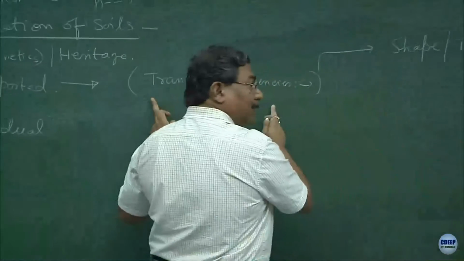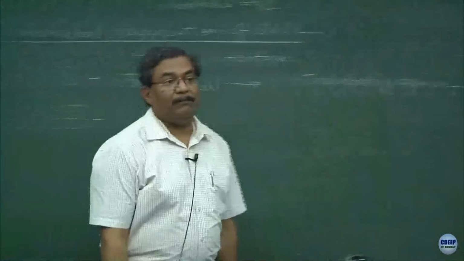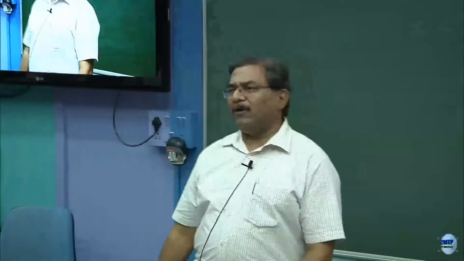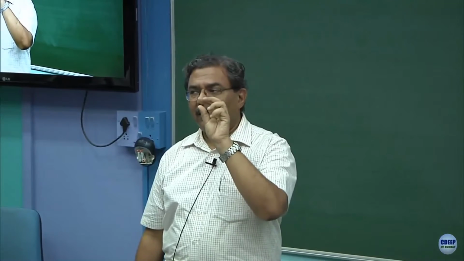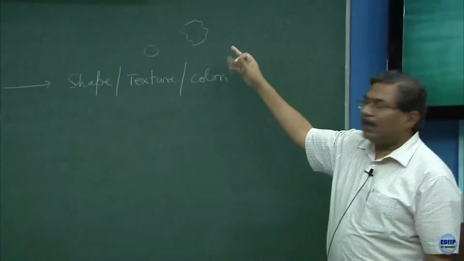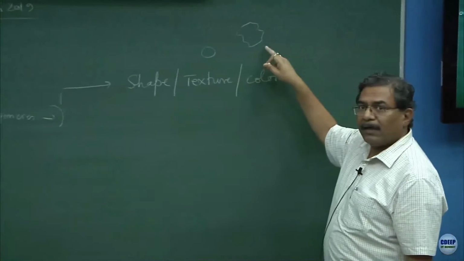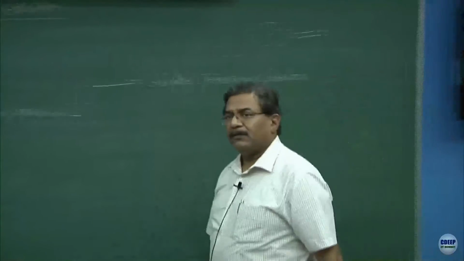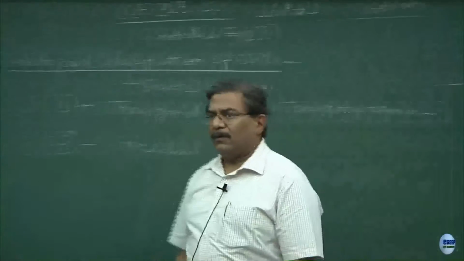this transporting agency is also going to shape up the whole morphology of the particle. What is morphology? Shape, size, roundness, irregularity. This is a perfect sphere. I could have drawn a sphere like this. The particles are like this also, irregular shaped, clear. There could be a particle like this, flakes, okay.